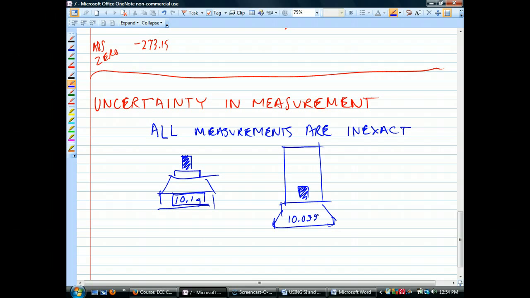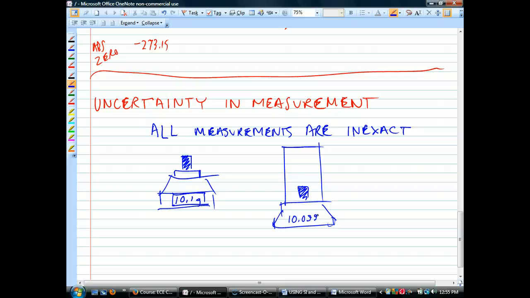Well, that must be the true weight, the true mass. What do you think? No. It's like this. You can just keep going. You can keep stretching that thing out just like pi. So, no measurement is exact.